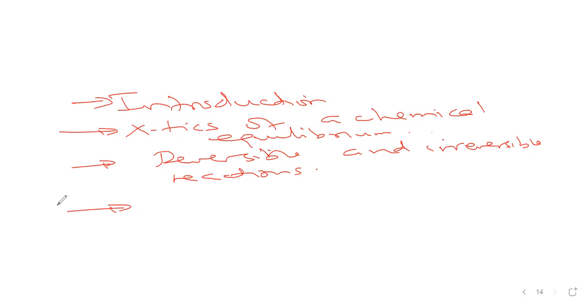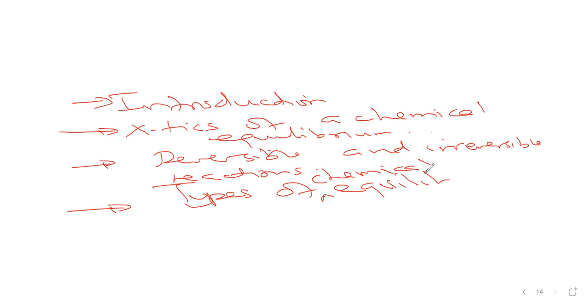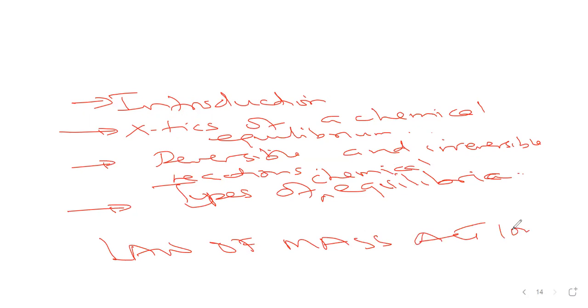I've also looked at types of chemical equilibria. What am I yet to see? I'm yet to see what we call the law of mass action. This is going to be our next subheading.